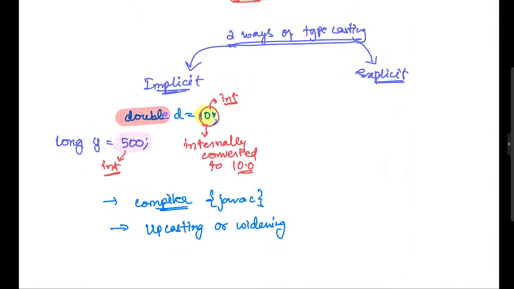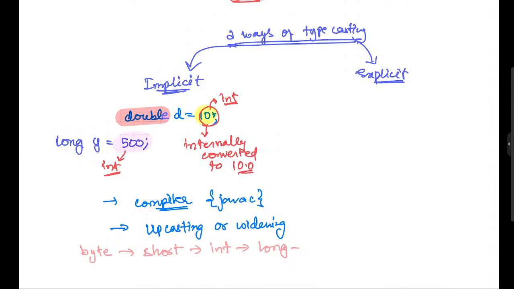And the way it is doing is it internally has a small way of understanding what types can go into what types. The way it upcasts or widens is, first is byte, then short, then int, then long.